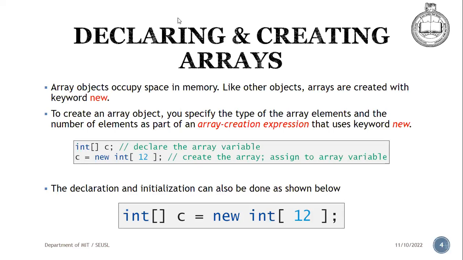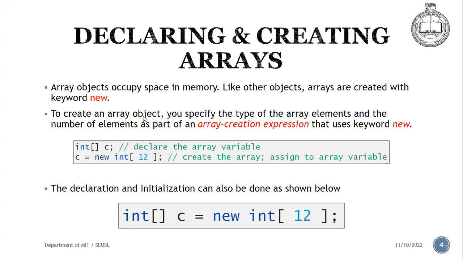When we take a Java program, we have objects, and when it comes to how to code for an object, we will normally create an object using the keyword new. And you have to know that normally these arrays are created as objects in the memory. So that's what is mentioned here.